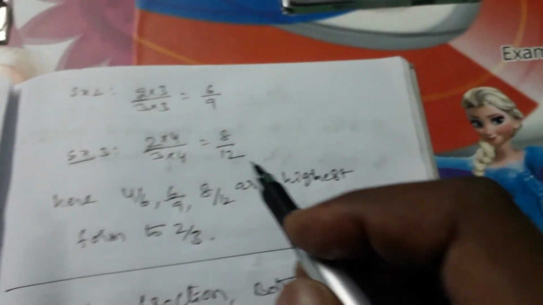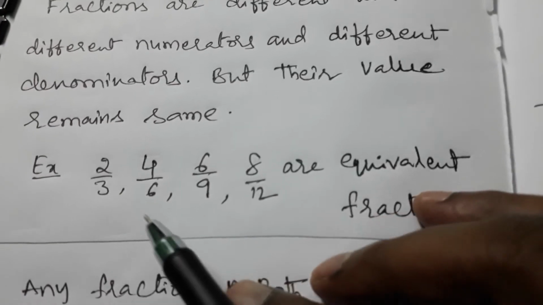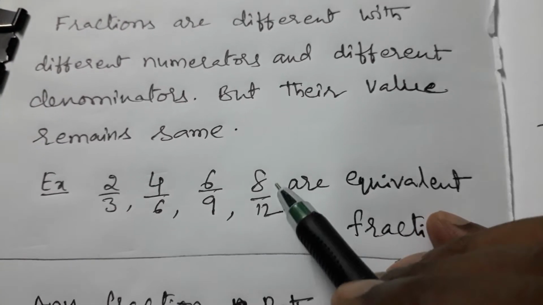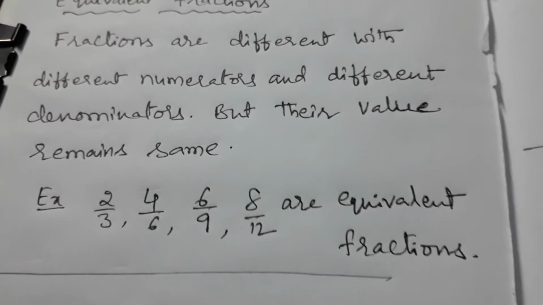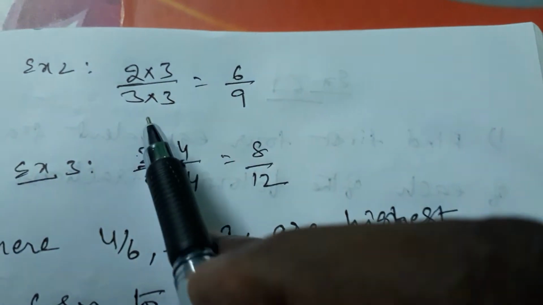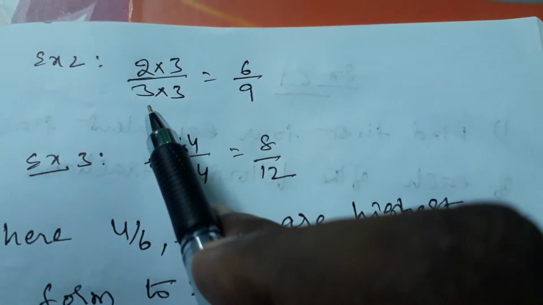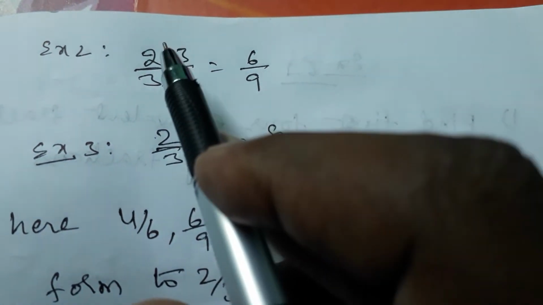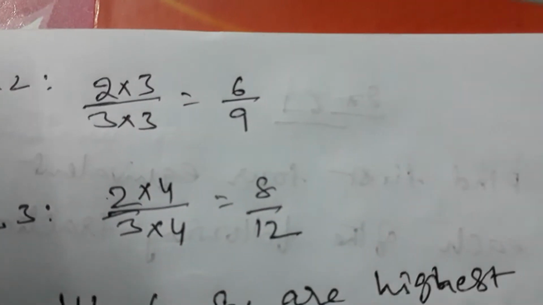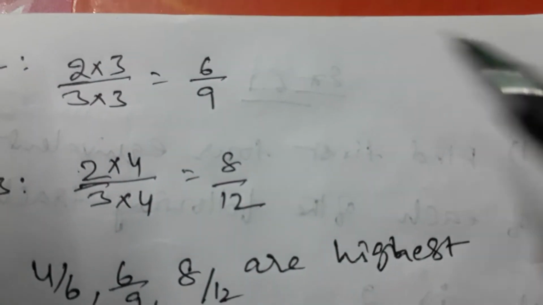Here, see the examples. Already I have given you some examples: 2 by 3, 4 by 6, 6 by 9, 8 by 12. How are these equivalent fractions? Shall we check now? Look here. First take 2 by 3. As per the definition, multiply numerator and denominator of the fraction with the same number.